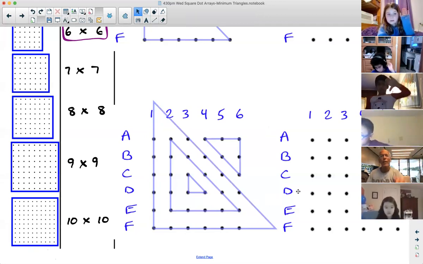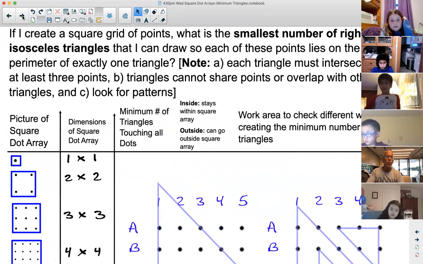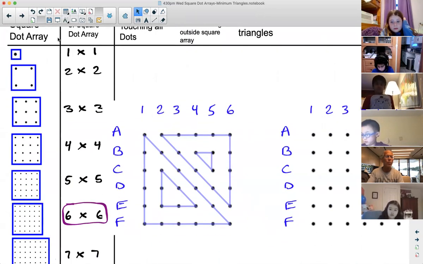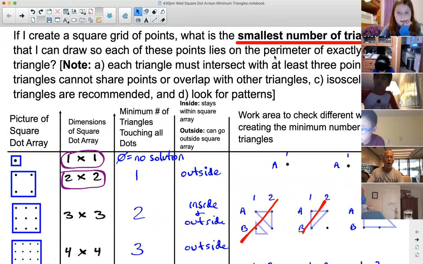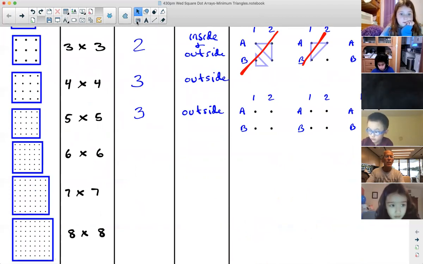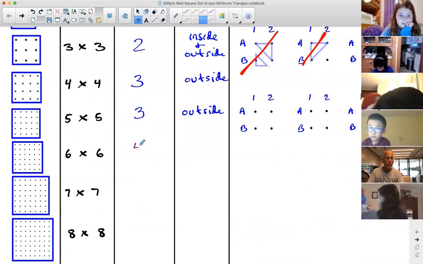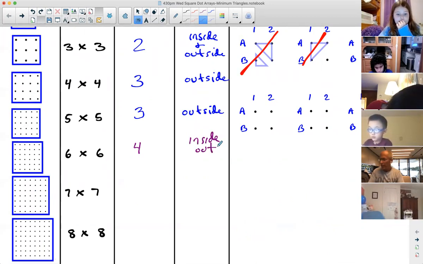Good. Now, we have 4 minutes left. I want you guys, remember, this was 4 triangles. Let's go back to our graph, and I want you guys to fill in the graph. 4 triangles, both inside and out.